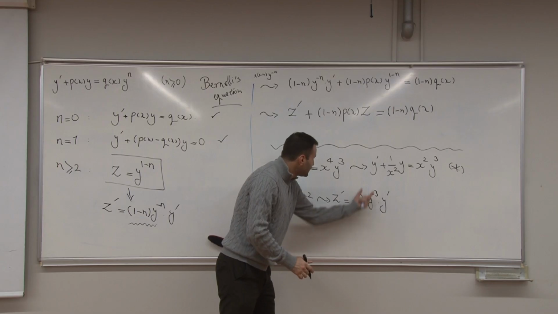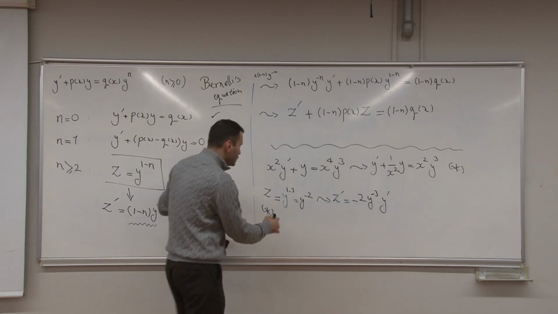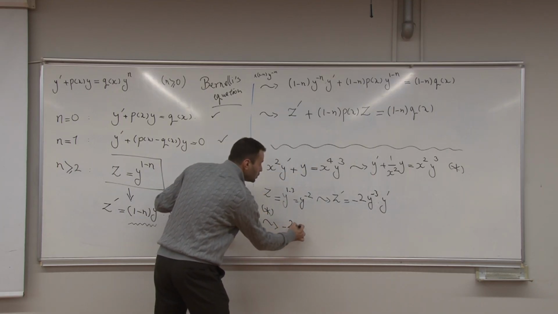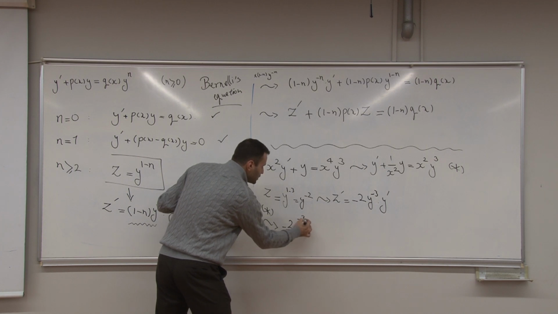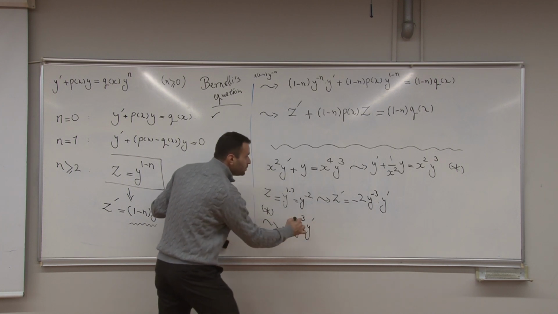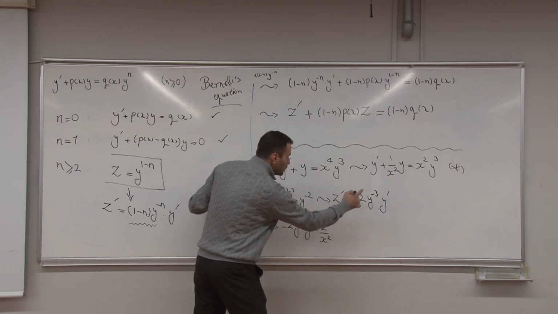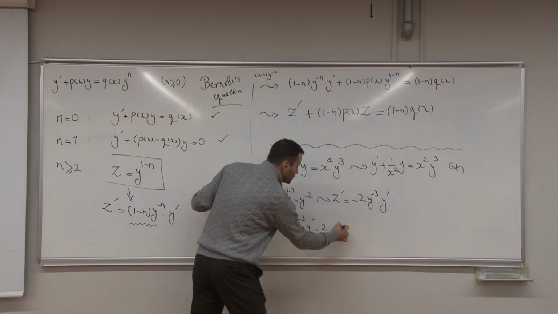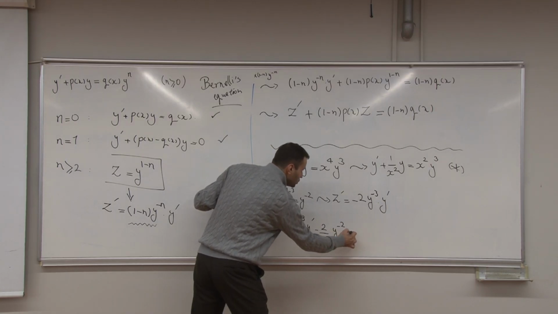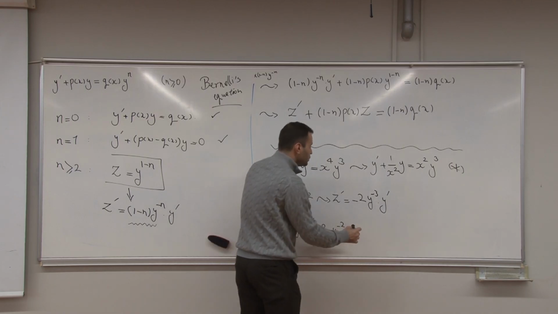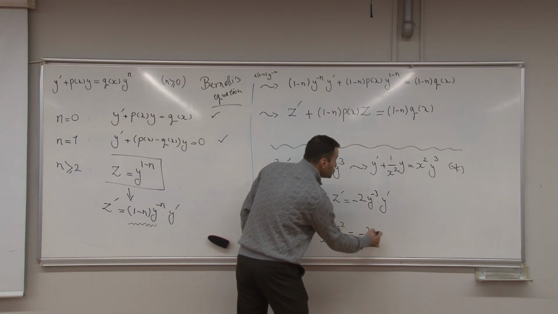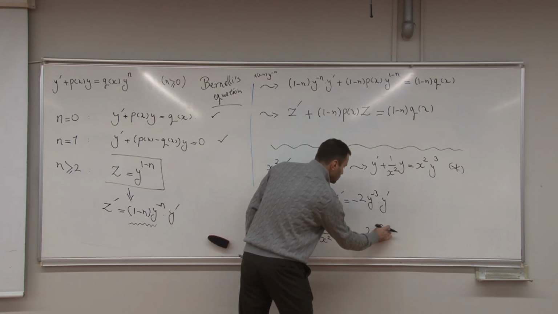So we are just going to multiply this equation with this. So it is going to be minus 2 y to the power of minus 3 y prime minus 2 divided by x to the power of 2 y to the power of minus 2 equal to minus 2 times x to the power of 2. That's it.